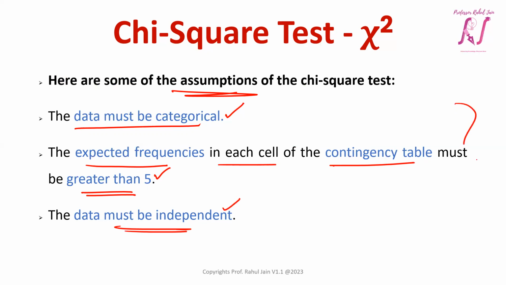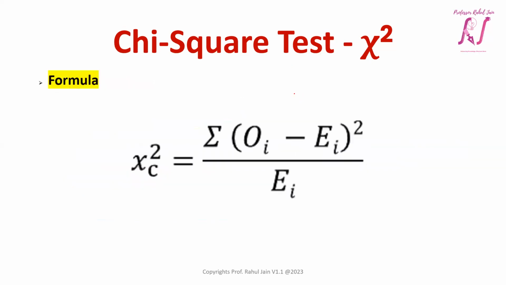If any of these rules is violated, then the result of the chi-square test would be unreliable, right? Basically, it is a very powerful tool to test hypotheses, and it is used with a variety of data.